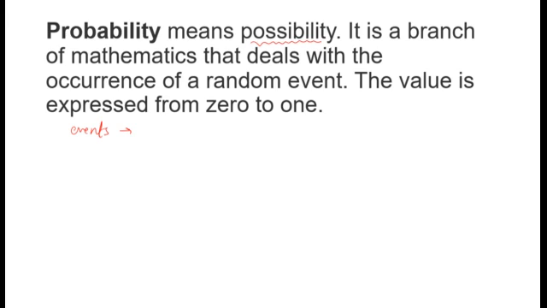When we talk about probability, it is always between 0 and 1. 0 will be there for all the impossible events. If we have some event whose occurrence is completely 0, there is no chance for that event to occur, so its probability will be 0. When we have a certain event, we also call it a sure event.